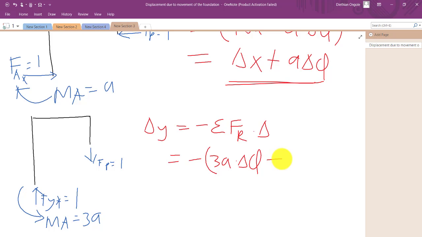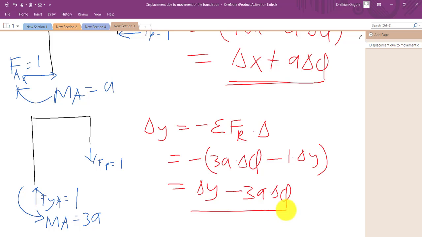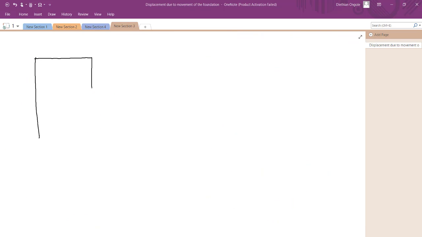The force is 1, then times our displacement, which was given by delta y. So therefore, we would have our final answer for the displacement as delta y minus 3a times delta phi. This is our answer. And lastly, let us look at the calculation for the rotation at point D.